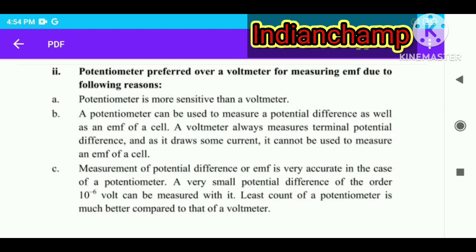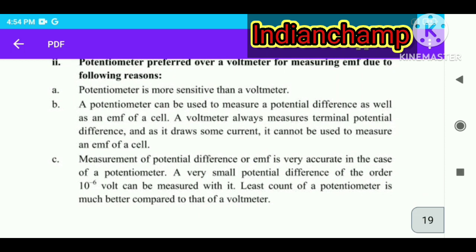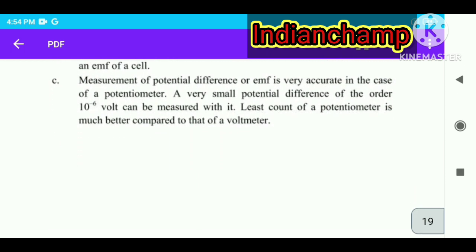A voltmeter always measures terminal potential difference and cannot be used to measure the EMF of a cell. C. Measurement of potential difference or EMF is very accurate. In the case of a potentiometer, a very small potential difference of the order of 10 raised to minus 6 volt can be measured. The least count of a potentiometer is much better compared to that of a voltmeter.